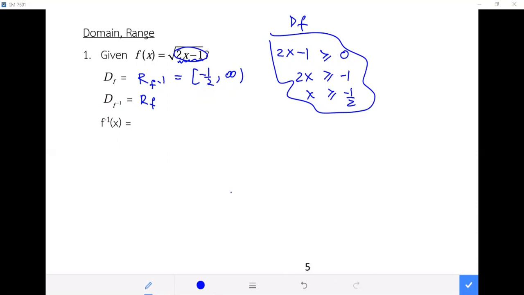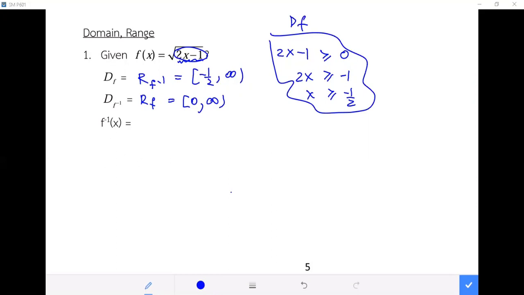So the root of something that is more than or equal to 0 will come out to be minimum at 0 and maximum at infinity. Yeah, something like this. Okay, so next one, let's find the inverse.